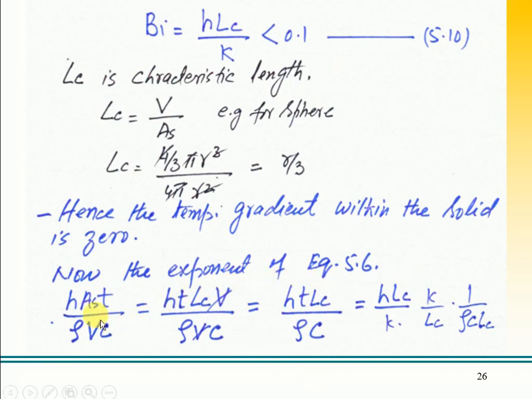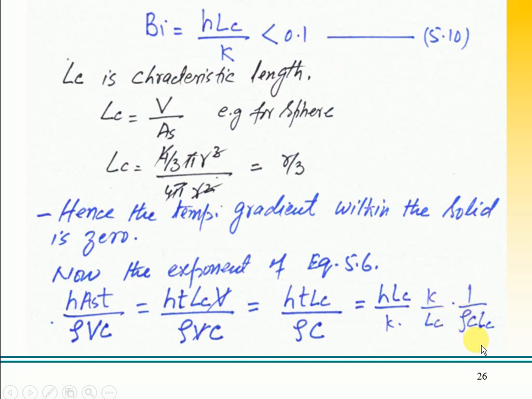Now, the exponent of equation 5.6, h A_s t by rho V C, just replace this with L_c. You know that V is equal to L_c A_s, so I replace with this, right? A_s over V is basically 1 by L_c, so it cancels out, and in terms of L_c it is h L_c by k.